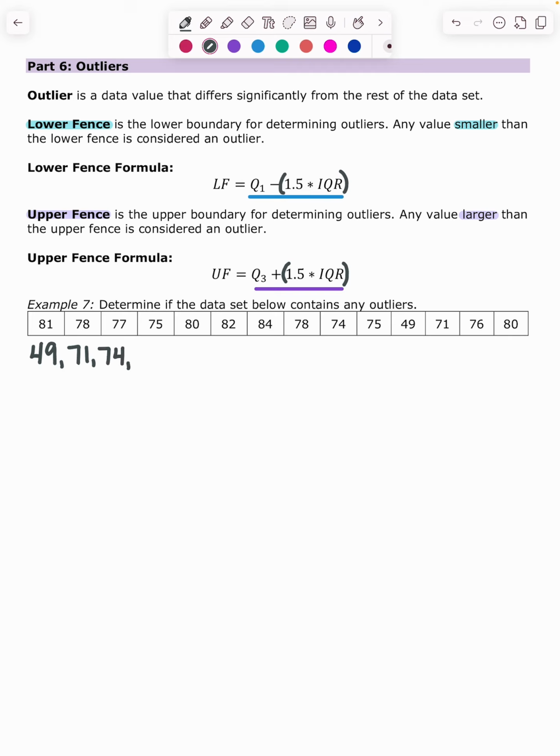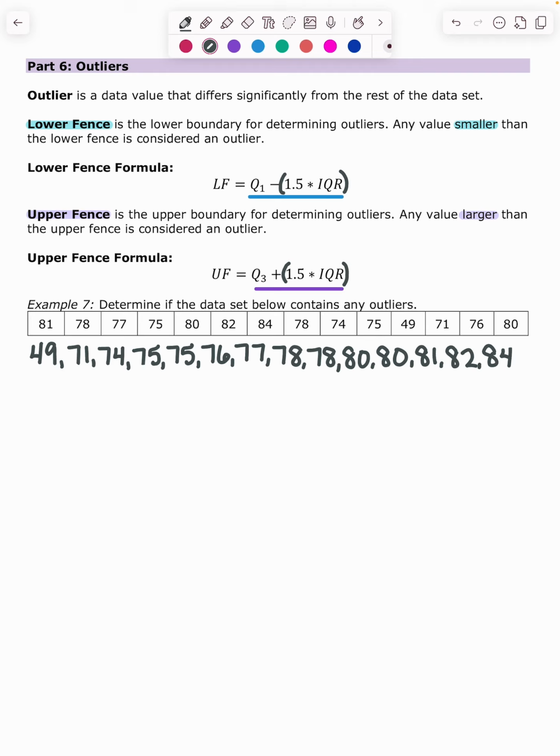You can fast forward through this part if you are able to do this faster than me, or you can just keep following along. 76, 77. All right, and that should be everything.